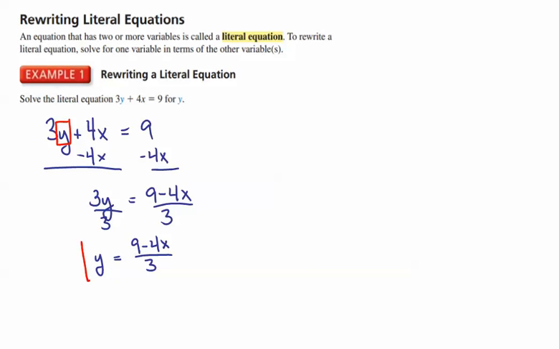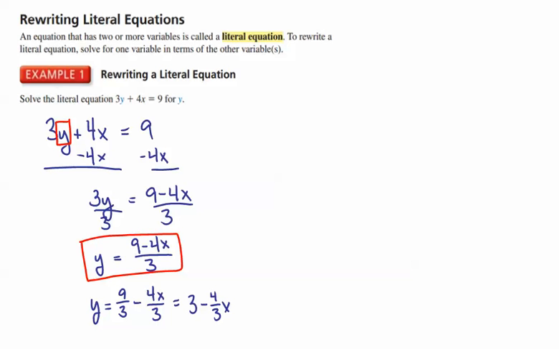Some students may want to go further and separate this into two different terms on the right side. So we could do y is equal to 9 over 3 minus 4x over 3 if we wanted to do that, and that would also be equal to 3 minus 4 over 3x.